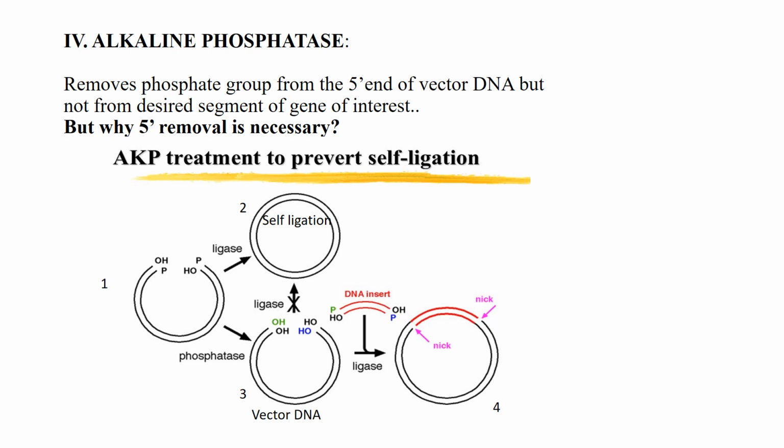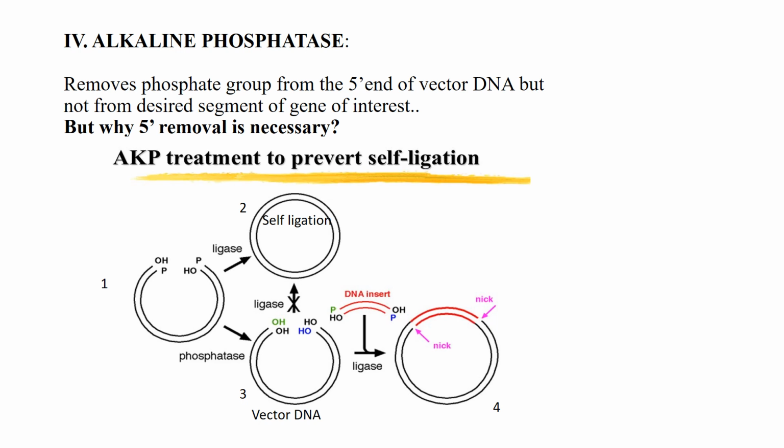If we allow this cutting as such, there is possibility that they will ligate itself and form a complete double stranded circular DNA. This is known as self-ligation process, and this process operates in presence of enzyme ligase. In order to prevent this step, we have to allow phosphatase.